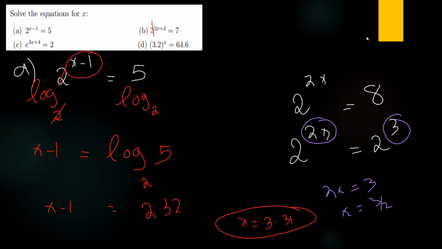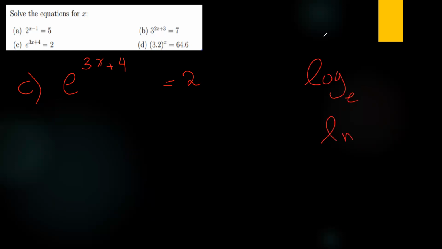Okay. Now C. In C here, we have e to the power 3x plus 4 equals 2. I need to find x, sorry. So how can I cancel e? Put logarithm to the base e, or we name it ln. So I will put ln on both sides.